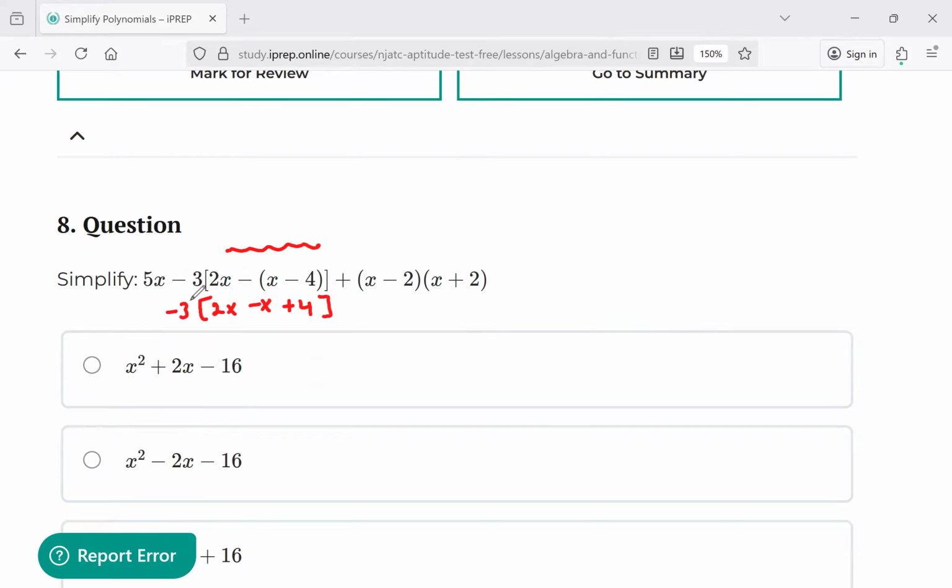And before I distribute this negative 3, it looks like you can collect like terms: 2x and negative x is positive x, plus 4, right? And then you FOIL out this negative 3, so this is going to be negative 3x, and then negative 3 times 4 is negative 12.